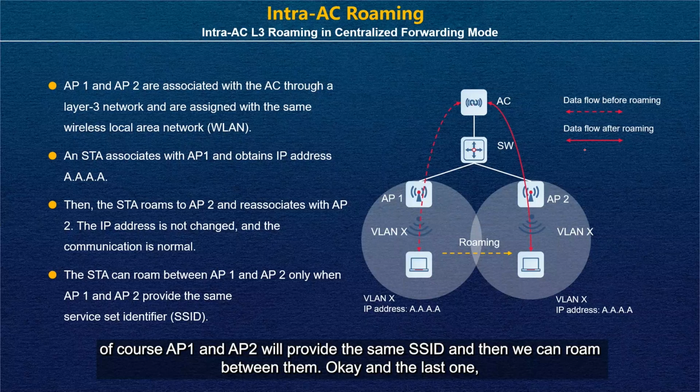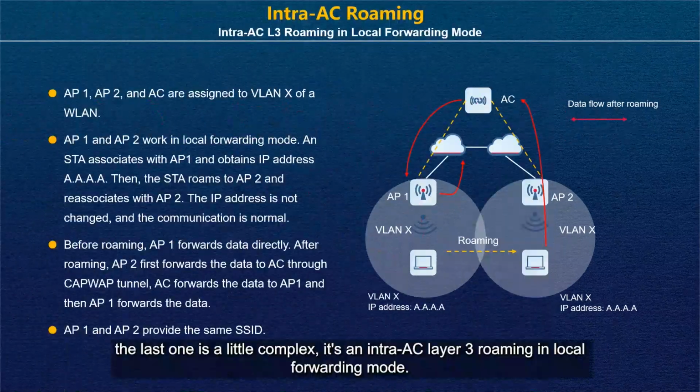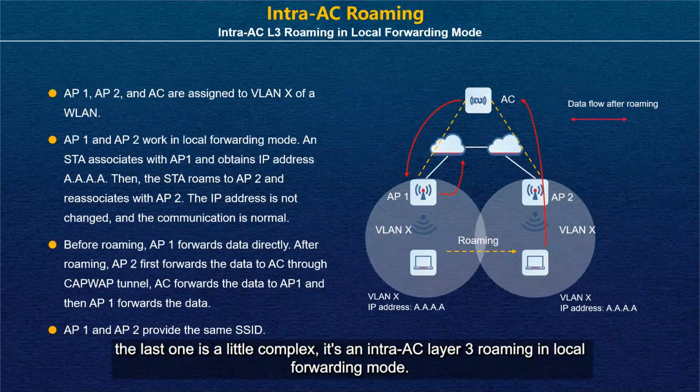Of course, AP1 and AP2 provide the same SSID, so we can roam between them. The last one is a little complex: intra-AC layer 3 roaming in local forwarding mode.